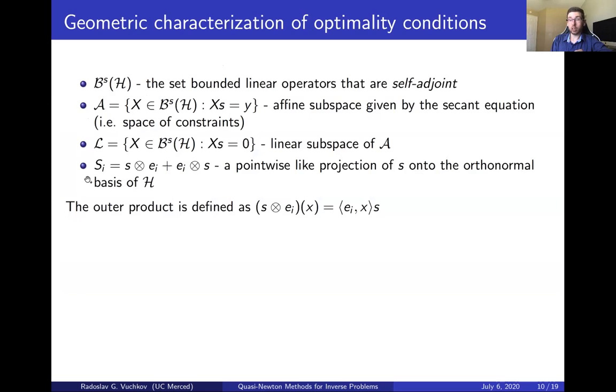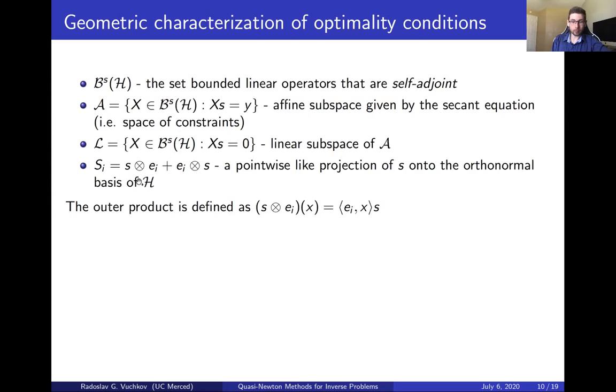Si is a change of basis that we introduce for simplicity. In terms of this operator, it is an outer product. So in finite dimension, this will be nothing more than S transpose ei. So this term will do nothing more than recover the Si entry of the vector S.